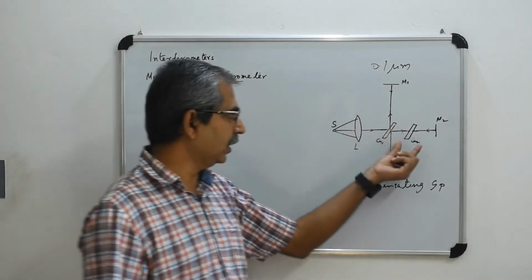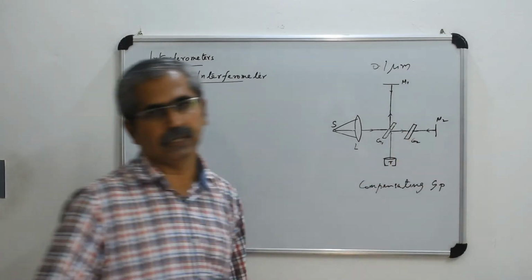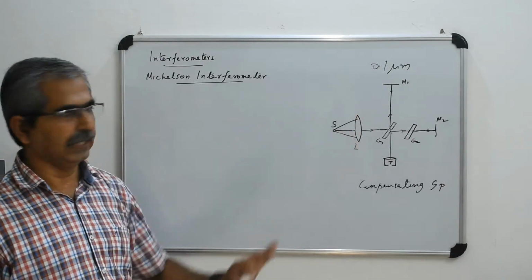That is why G2 is called a compensating glass plate. So this is the basic construction.